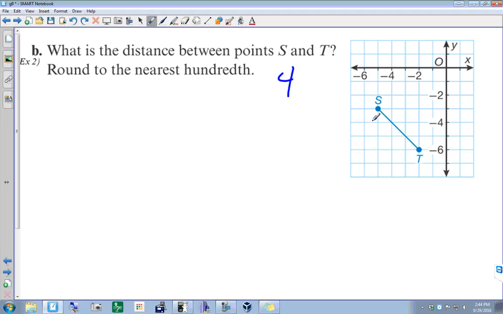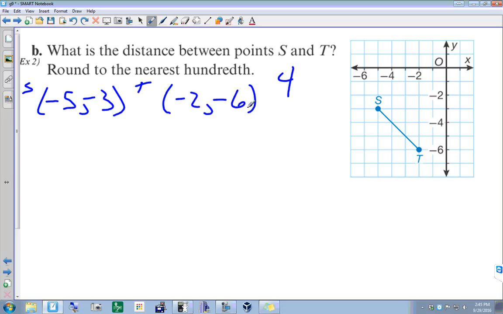First thing I want to do is I want to identify what the coordinate is. So this coordinate here is -5, -3. Okay, so that's S. And t, it looks like, is going to be negative 2, comma negative 6. Everyone in agreement with me?